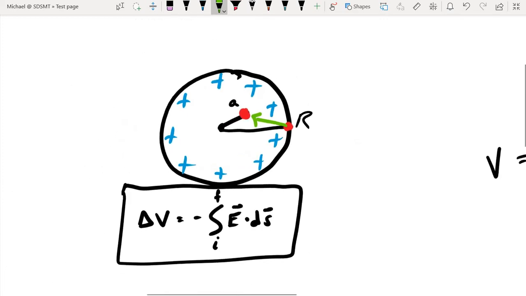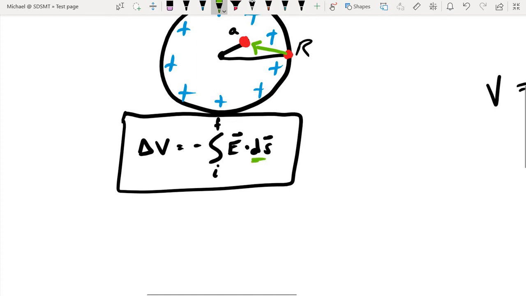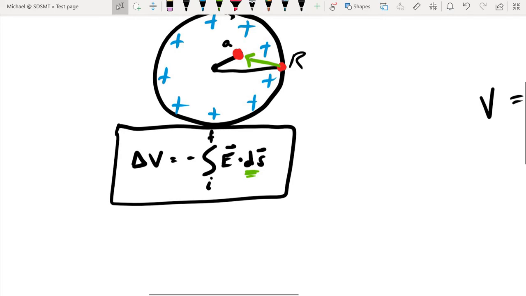Now, when we travel inside of the sphere, let's think back to what we know about these spheres. Specifically, what is the electric field inside of a uniformly charged solid conducting sphere? This is something that we already have in our notes from chapter 22. Well, the electric field inside of this uniformly charged solid conducting sphere is 0.